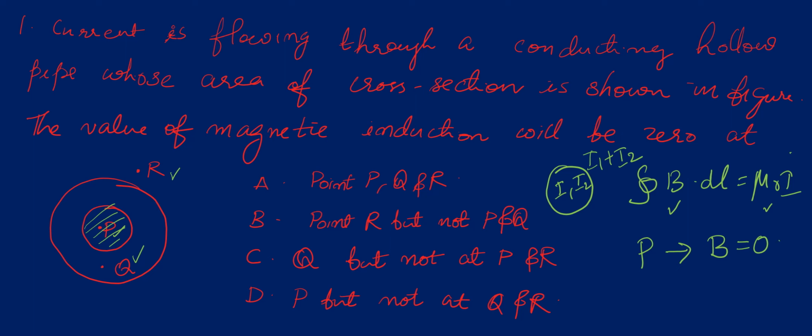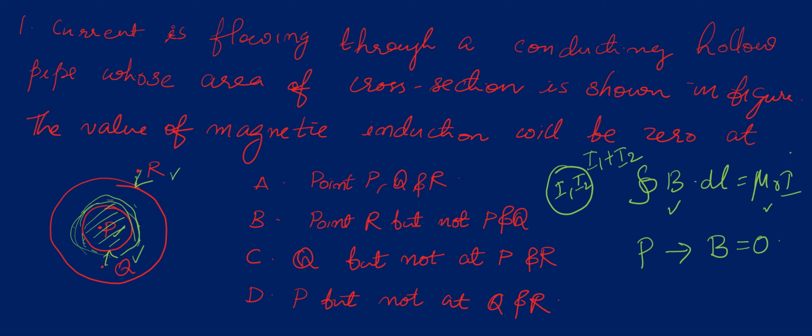Whereas when we consider Q and R, inside this region, current is there because current is flowing through this area. So when we consider Q and R, there is current.